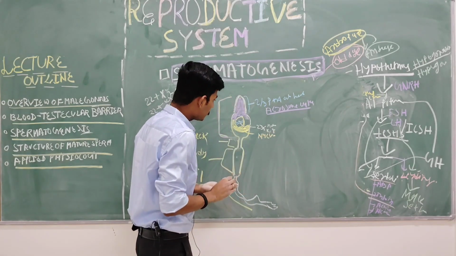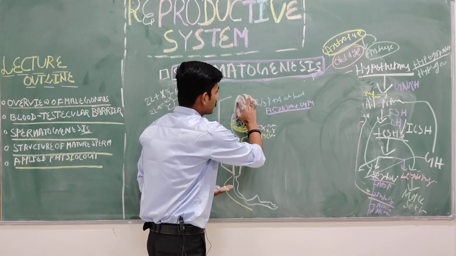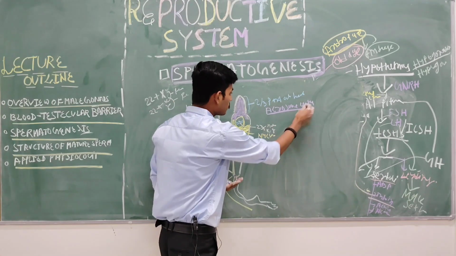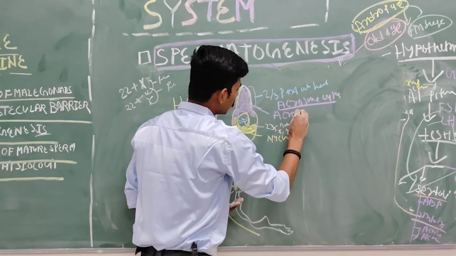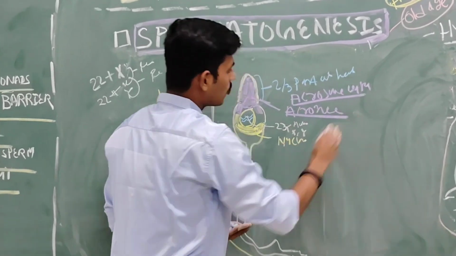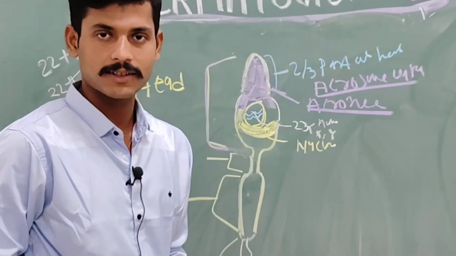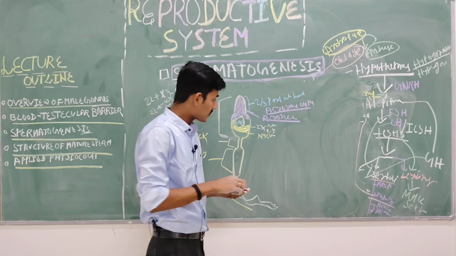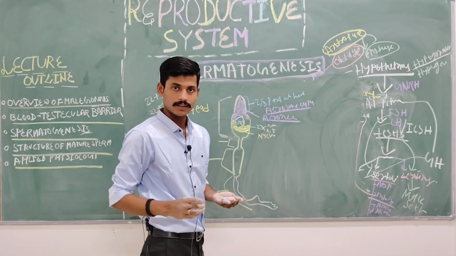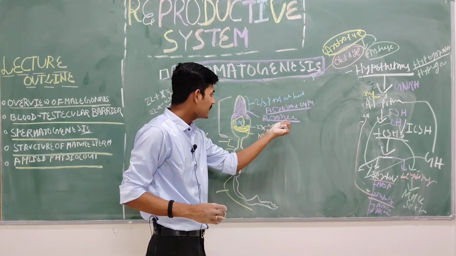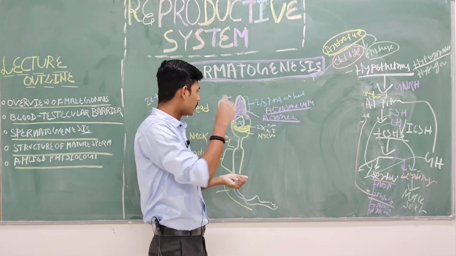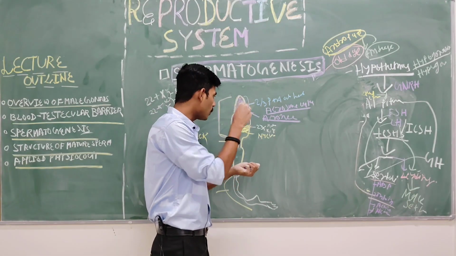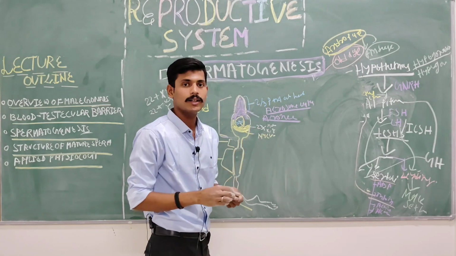Now we are discussing the acrosome. The acrosome cap contains the acrosome, and this acrosome has a very vital role during the fertilization process. When the sperm meets the egg, the acrosome helps the sperm to penetrate into the egg.